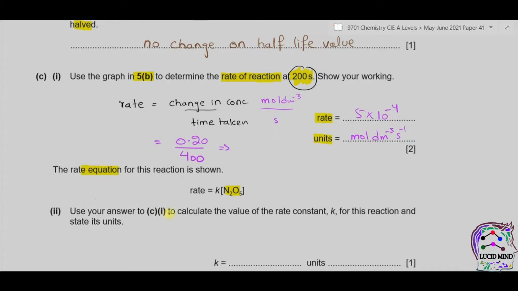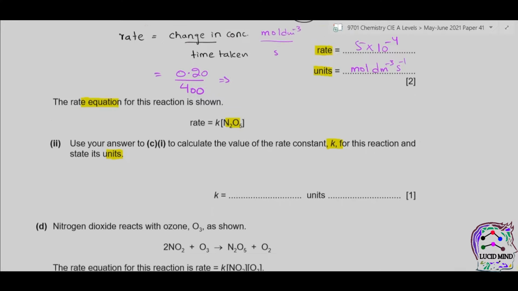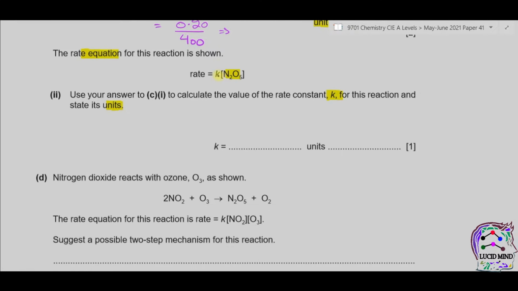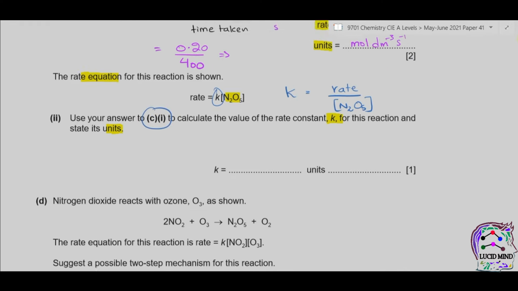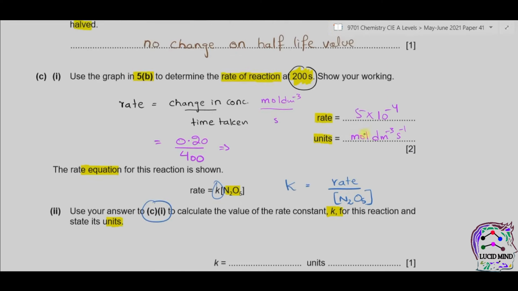Use your answers to C part 1 to calculate the value of the rate constant k for this reaction and state its units. We can find out the value of k. k will be equal to the rate of reaction divided by the concentration of N2O5. So we have to use the answer in C part 1. We can use the value of this for rate.